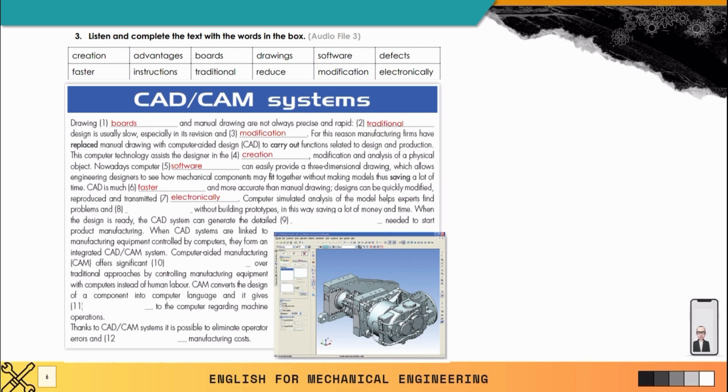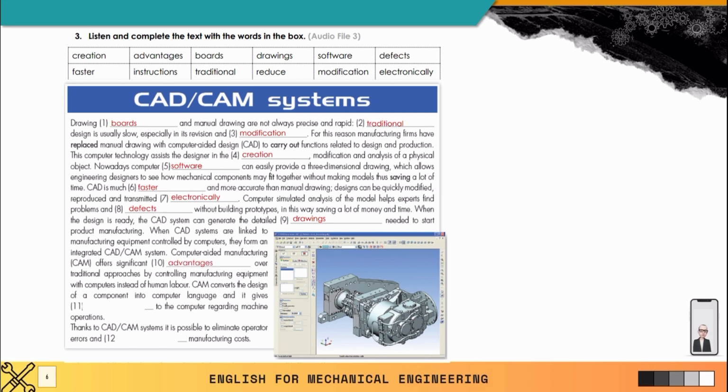Designs can be quickly modified, reproduced, and transmitted electronically. Computer simulated analysis of the model helps experts find problems and detect defects without building prototypes. In this way, saving a lot of money and time. When the design is ready, the system can generate the detailed drawings needed to start product manufacturing.